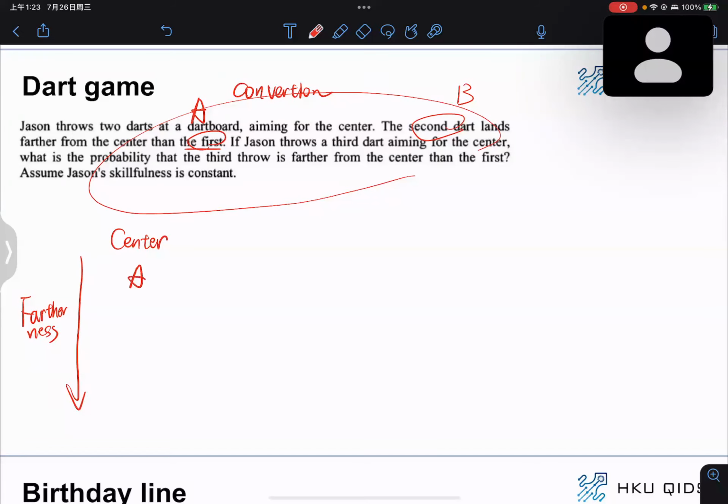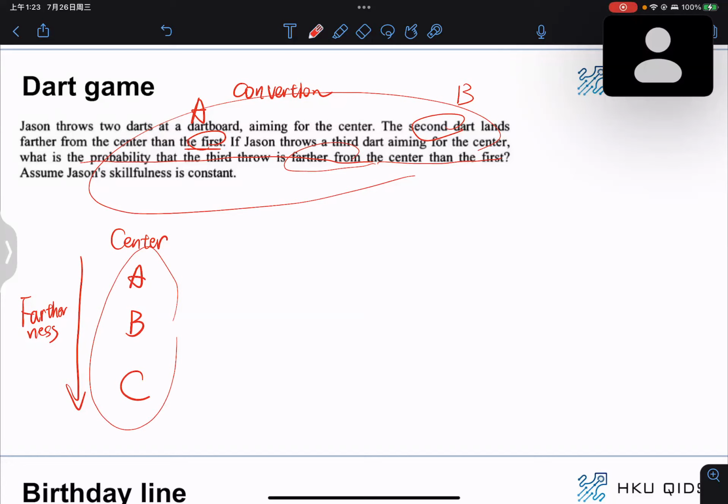So this is A, and we already know B is further than A. And now we are talking about if we have a C, what's the probability that C is further from the center than the first one, okay?